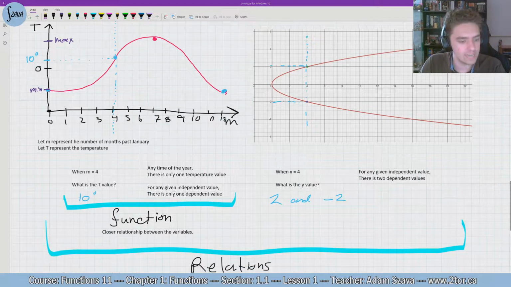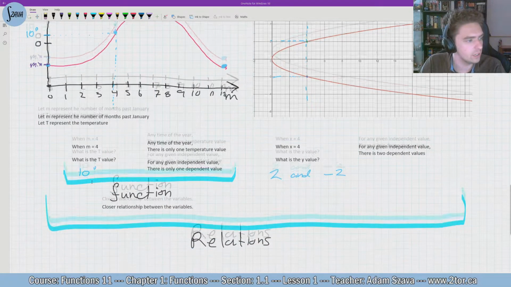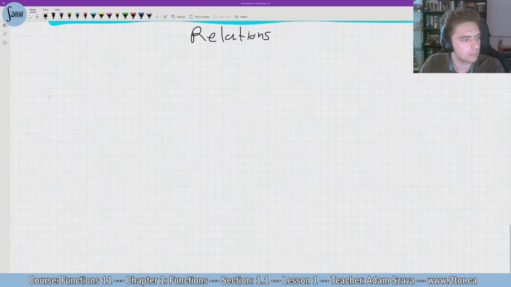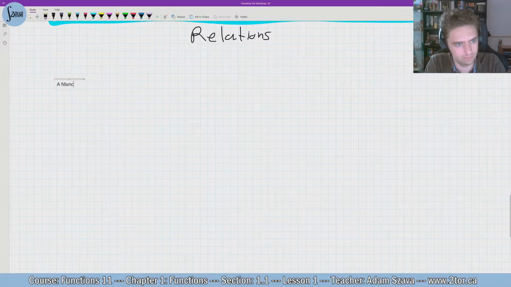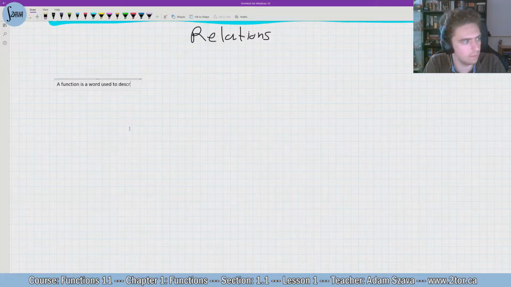I think we're ready for the technical definition here of a function. So let's take a look. A function is a word used to describe a special kind of relation, right?